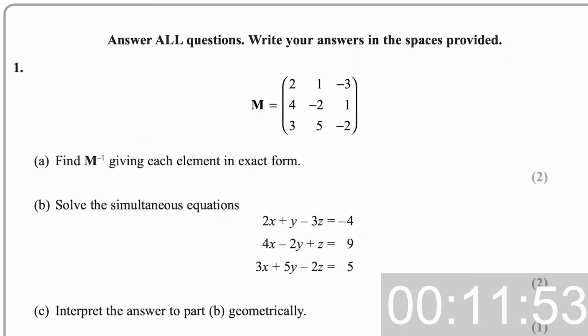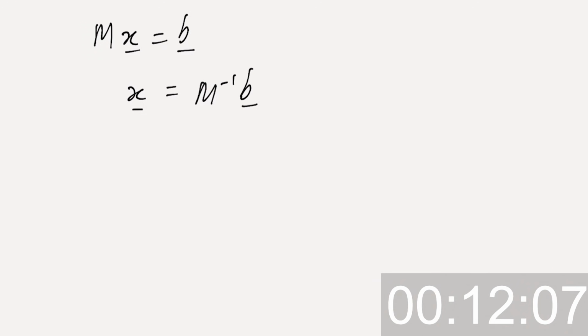Right, solve the simultaneous equations. Okay, so those equations are actually just my matrix. So it's asking me to solve Mx equals b, where we know M and b. That just means that x is M inverse times b. So I need my matrix, which I just worked out. Let's factor out that 69 factor.